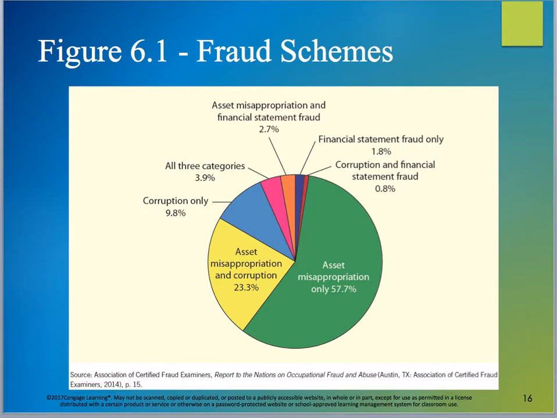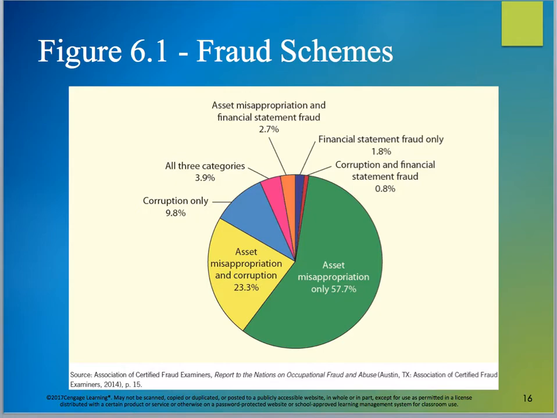Figure 6.1 shows you the schemes related to fraud. You see that asset misappropriation alone is 57.7%. Asset misappropriation and corruption is 23.3%. Corruption only is 9.8%.